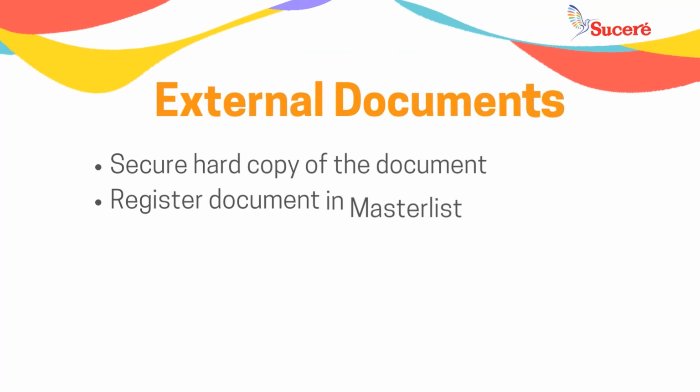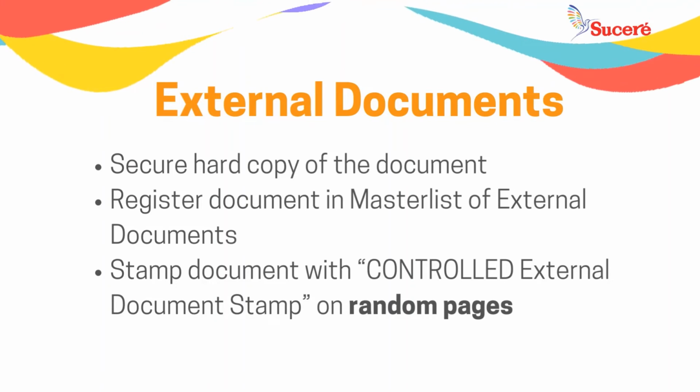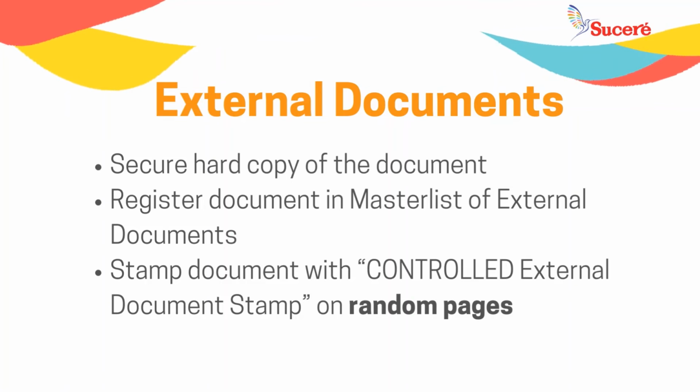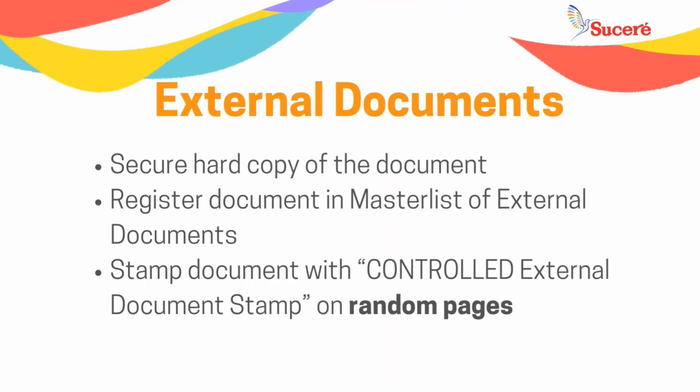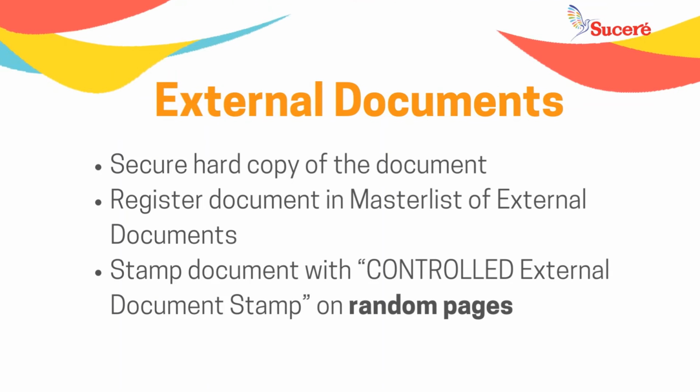Registration of external documents. So, you should secure a hard copy of the document. The document controller will register the document in the master list of external documents, and then it will be stamped with a controlled external document stamp on random pages.